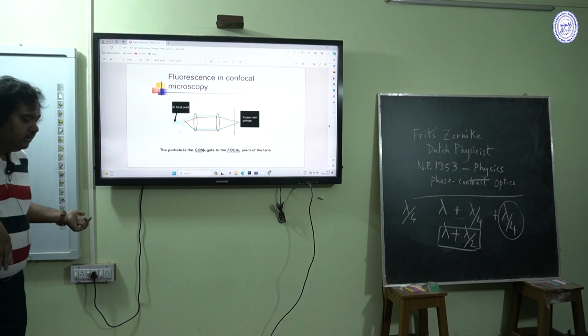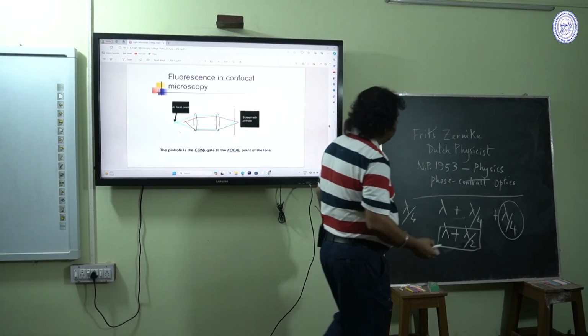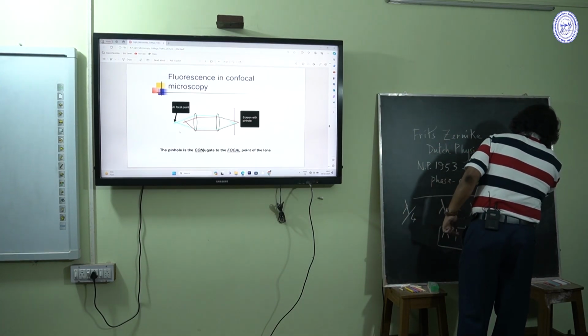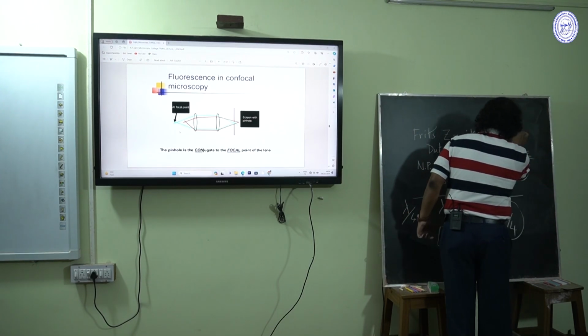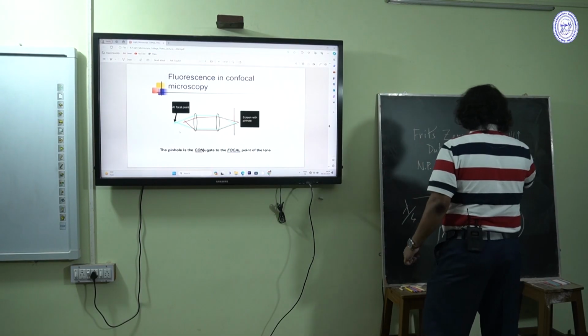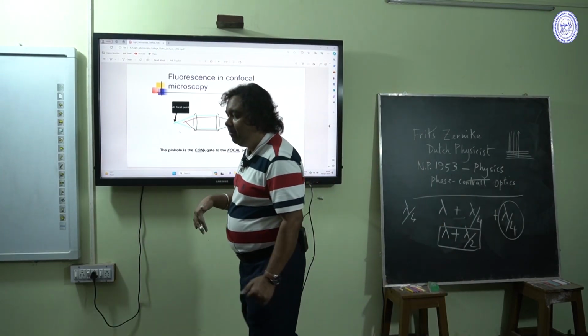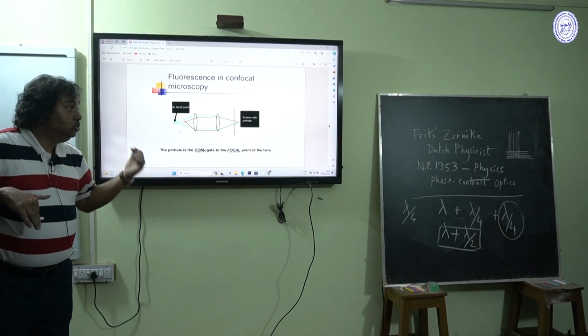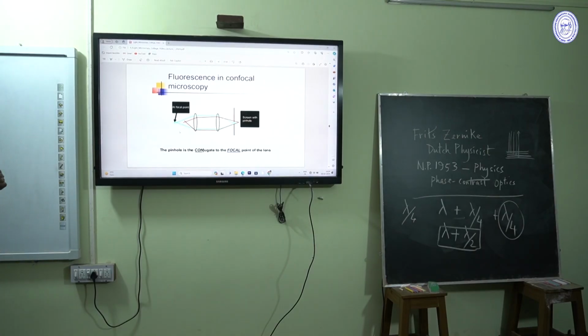Light may pass from here, here, and here, but their conjugate focal points are not at the same place.